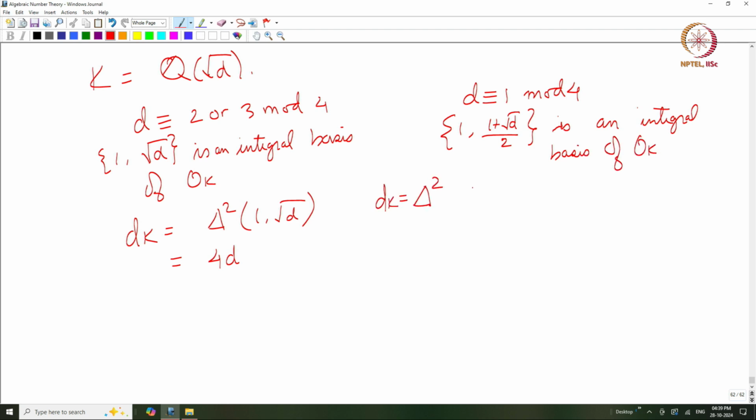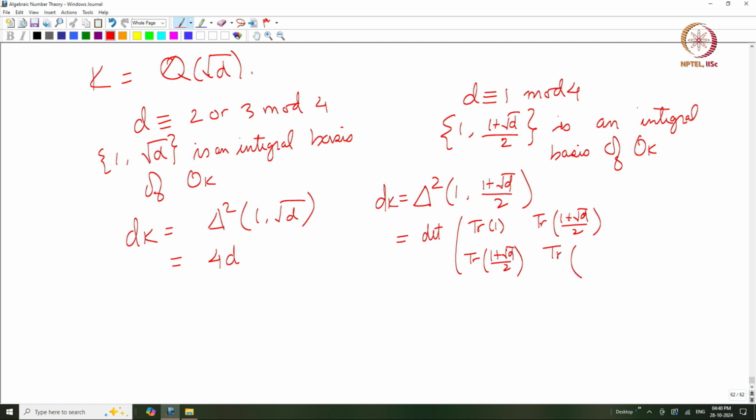So, d_K is delta squared of 1, 1 plus square root of d by 2, right, which interestingly is the determinant of trace of 1, trace of 1 plus square root of d by 2, and then trace of the square of this, 1 plus square root of d squared, which is so 1 plus d plus 2 square root of d by 4, right.